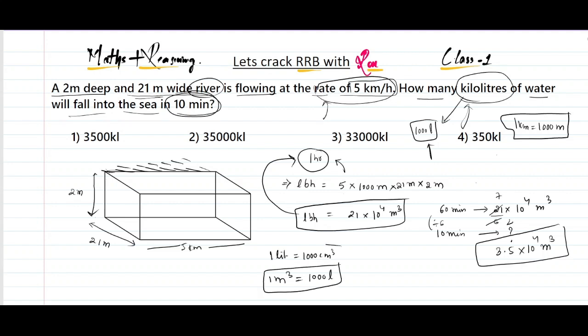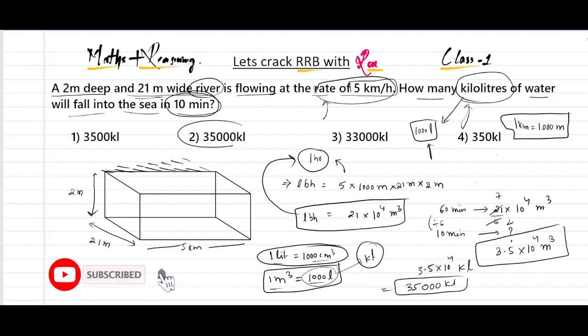These are two very important conversions you need to remember. 1000 liters is nothing but our kiloliters, right? So in 3.5 multiplied with 10 to the power 4, in the place of meter cube I can write kiloliters. So simply 35 and we have 3 zeros, 35,000 kiloliters, which is option number 2 here.